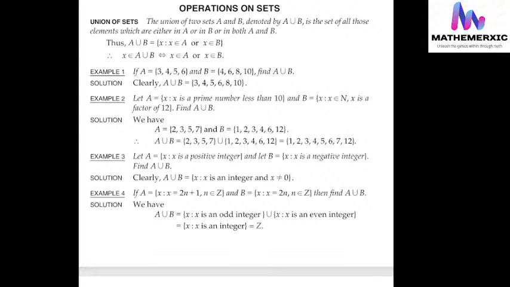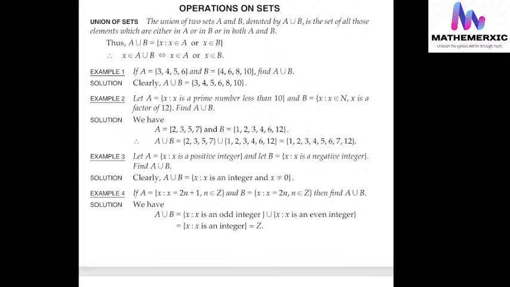Similarly, we can say A is equal to X such that X is a prime number less than 10, and B is equal to X such that X belongs to N, X is a factor of 12.